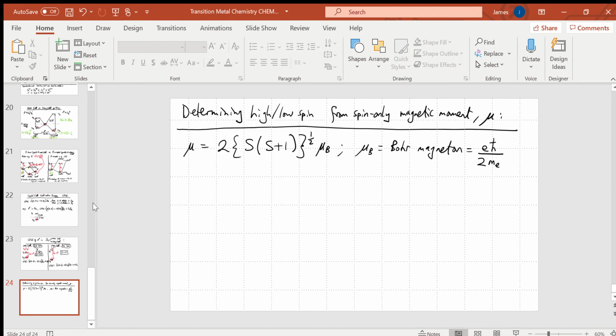So it's got units of magnetic moment, but we're just going to call it mu B. Okay, so let's see an example.